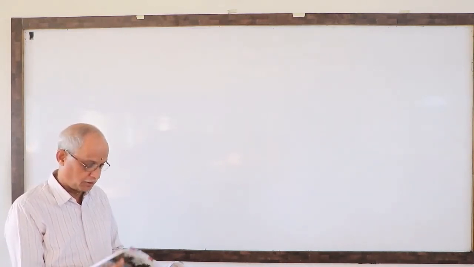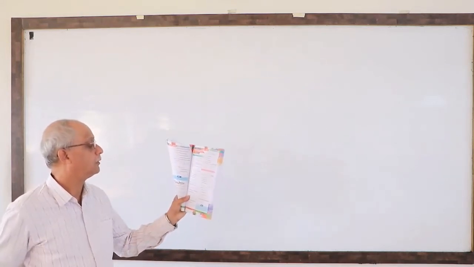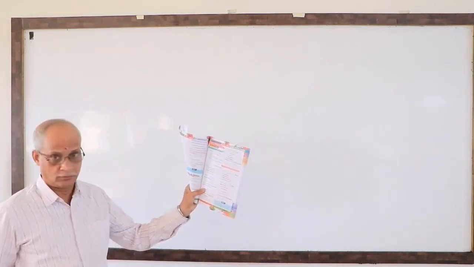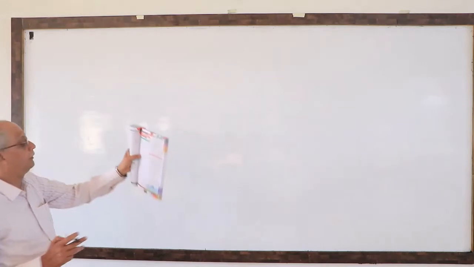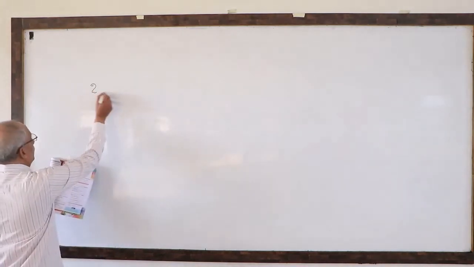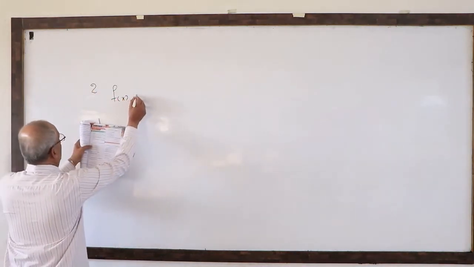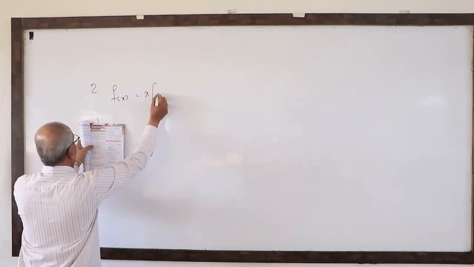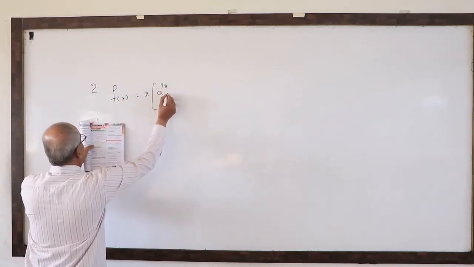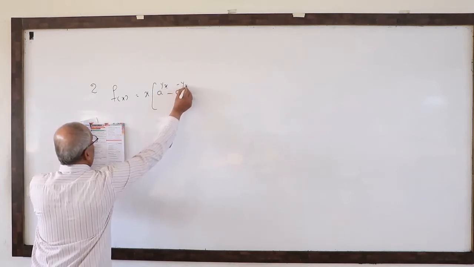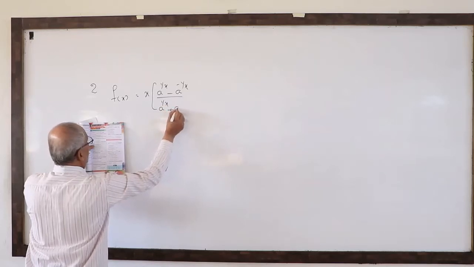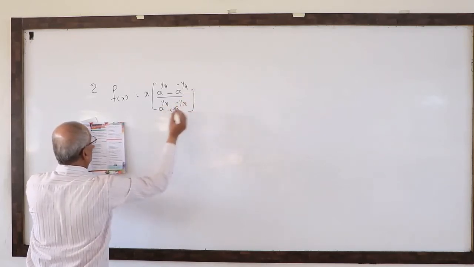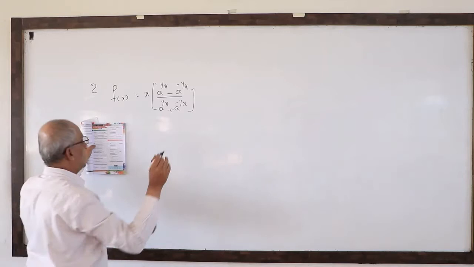What is that problem I gave? It is the second problem. Very simple. The function is given: f of x is x multiplied by a power 1 by x minus a power minus 1 by x, divided by a power 1 by x plus a power minus 1 by x, with a positive.